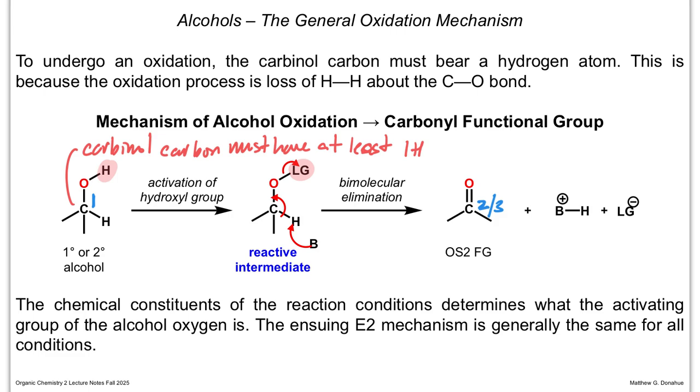So going from an alcohol up to just the carbonyl in a one-stage oxidation, if we think about the functional groups necessary for that, if we start with a primary alcohol and it goes up to oxidation state 2, what functional group is it producing?